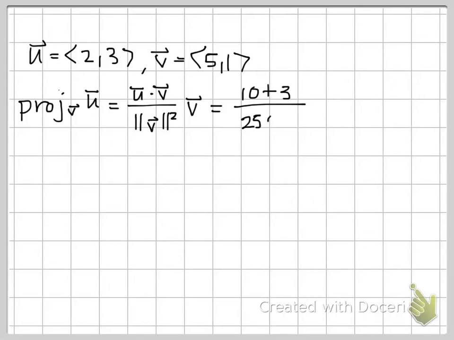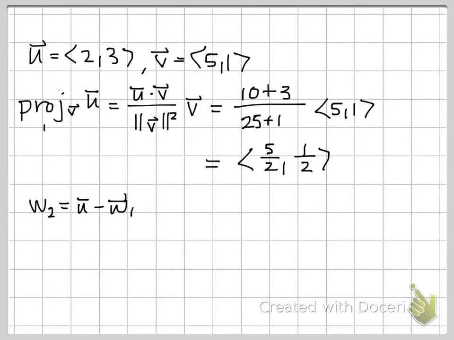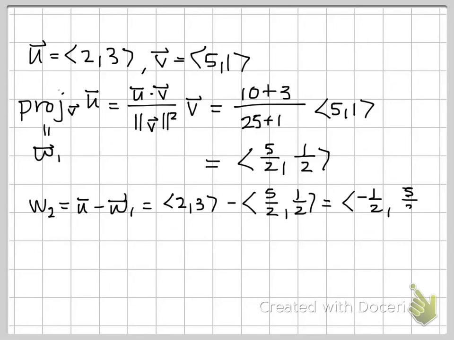So u dot v is 10 plus 3. The magnitude of v squared was 25 plus 1. So that gives you 5 halves, 1 half. Now w1 is going to be the projection, so w2 is just u minus w1, which gives us negative 1 half, 5 halves.